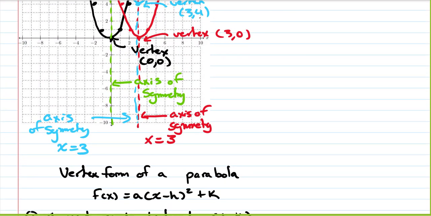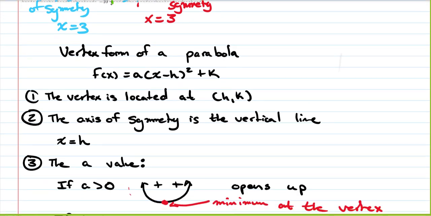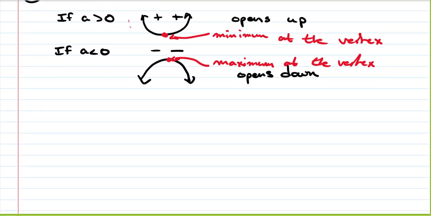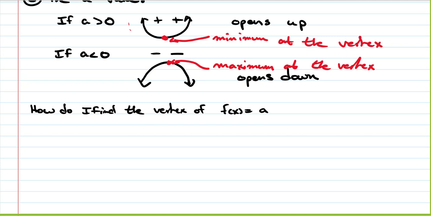So, we have our vertex form, but in the previous section we were working with most of our quadratics in standard form. So that raises the question, how do I find the vertex of f of x equals a x squared plus bx plus c?